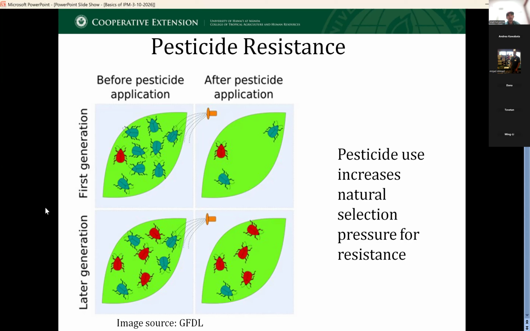But then that 1% remaining is going to start building resistance to that chemical. Over time, if we just continue using the same chemical over and over and over, the population will become more dominated by the resistant ones rather than the susceptible ones. So the recommended dose and application of chemicals will not work on that population anymore.